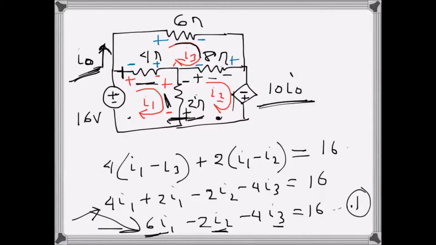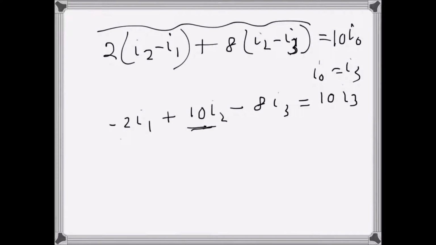When we write I1 it will be minus 2I1, and when we write I3 it will be minus 8I3 because 8 is common between I2 and I3. We could have written this directly.